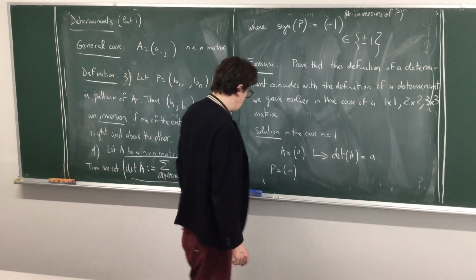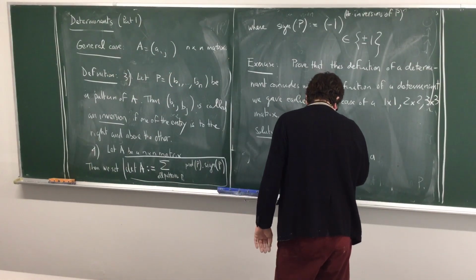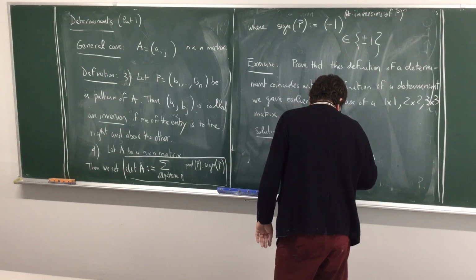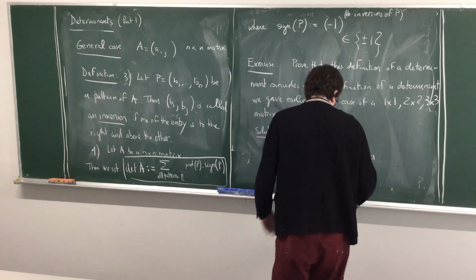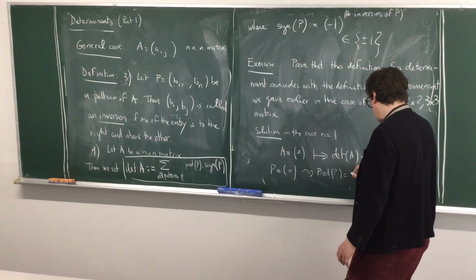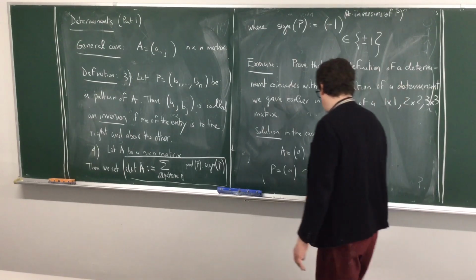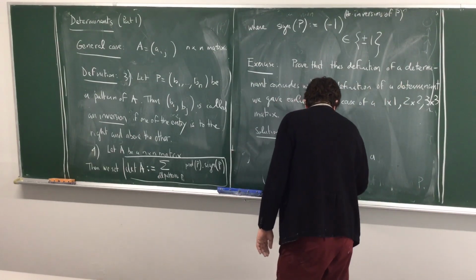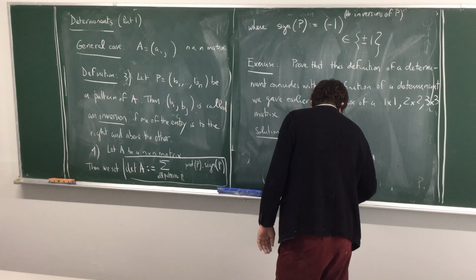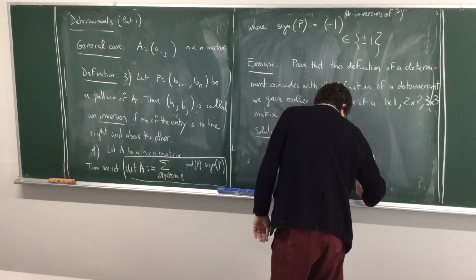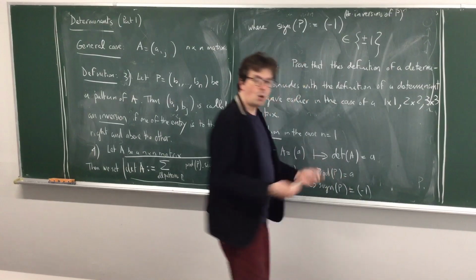Now I need to calculate the product. So what is the product? The product of my pattern will be the product of all possible entries in this pattern, so it will be just A. Now what is the sign of this pattern? It will be -1 to the number of inversions.